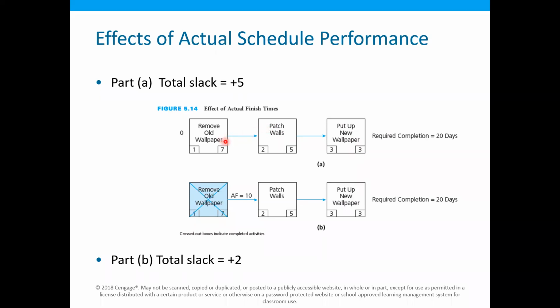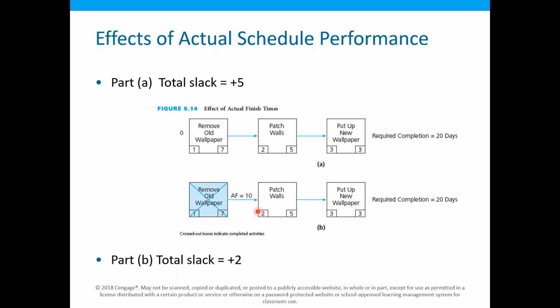But in reality, when the project happened, the actual finish of this activity was 10 days. Although this activity started on time, instead of finishing in 7 days, it finished in 10 days. So after that, what is going to happen?